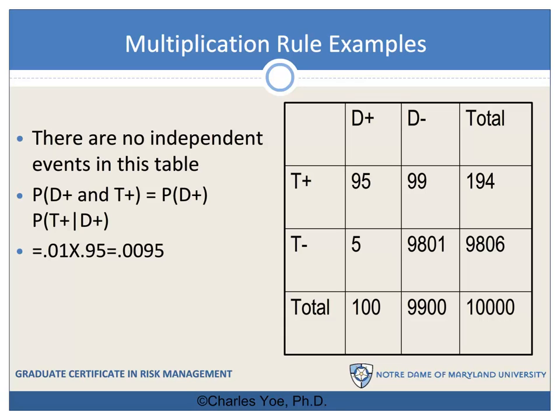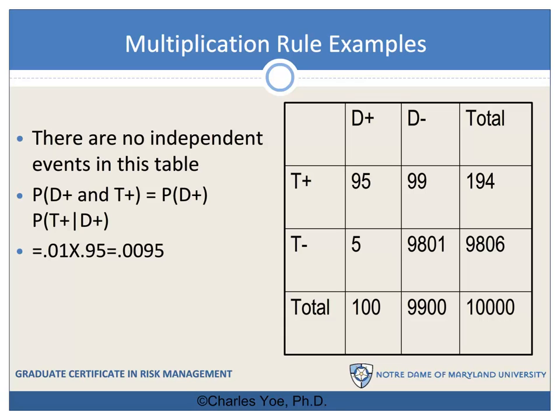Now let's look at the table. Initially, we were concerned with 10,000 people. As soon as I look at that conditional probability and see that we are given the fact that this person is disease positive, we are now only interested in the 100 people who are disease positive. The other 9,900 have been excluded from this.